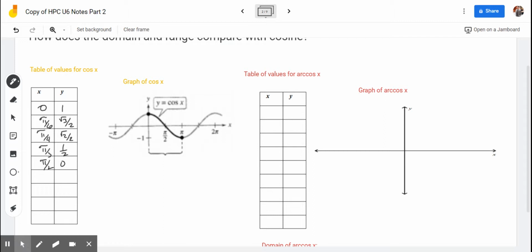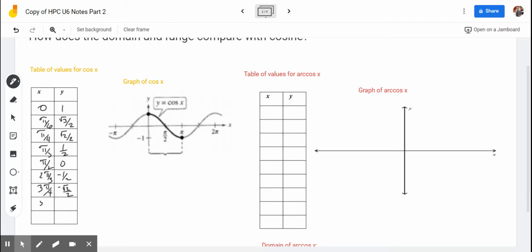That's apparent from when we graph the cosine parent function. Now we're going to go into quadrant 2. The next line will be 2 pi over 3 from the unit circle, and that's going to be negative a half. 3 pi over 4, because again, we're in quadrant 2, so all these values are going to become negative: negative radical 2 over 2.